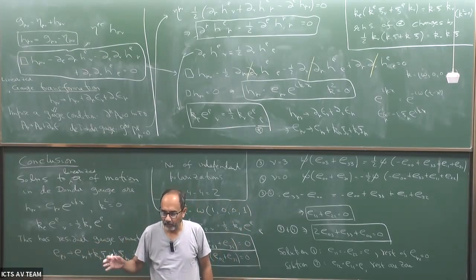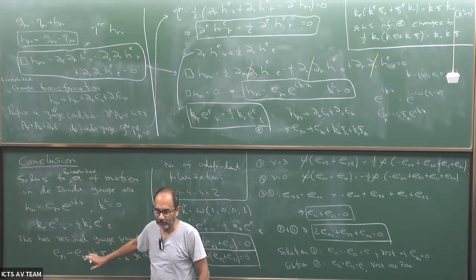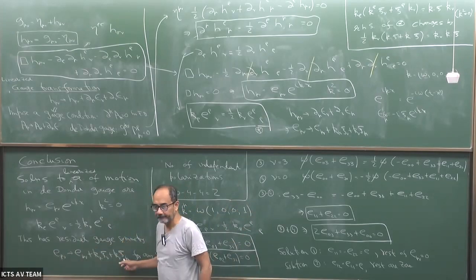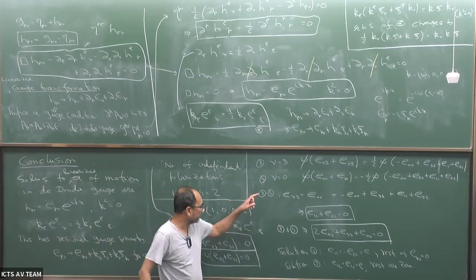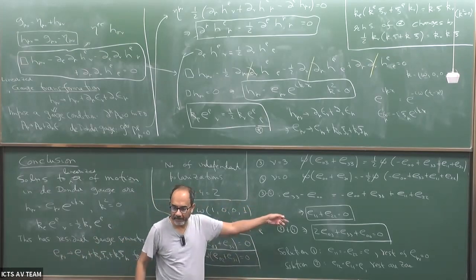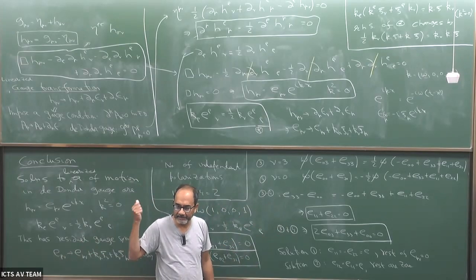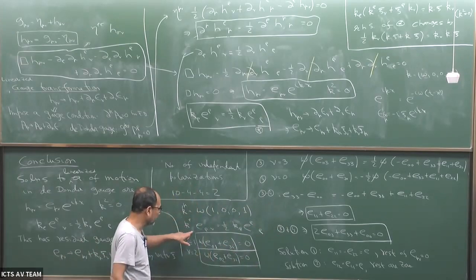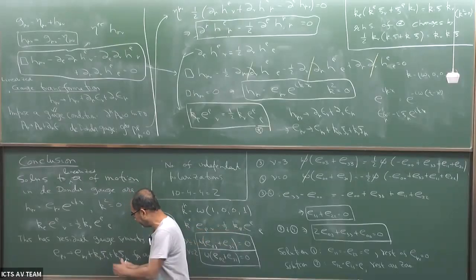We have already argued that once you have gotten one solution, you can generate others by this shift, because this shift automatically satisfies all these equations. You can verify it, but we verified it in general, because this condition is satisfied by this combination.